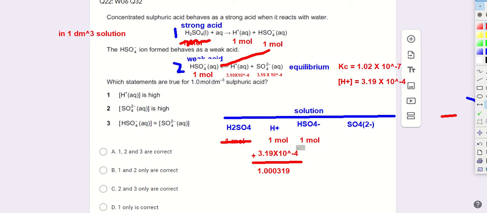So I need to minus 3.19 times 10 to the power negative 4 here. Do the calculation. It is actually very close to 1 also: 1 minus 3.19 times 10 to the power negative 4 is 0.999681.